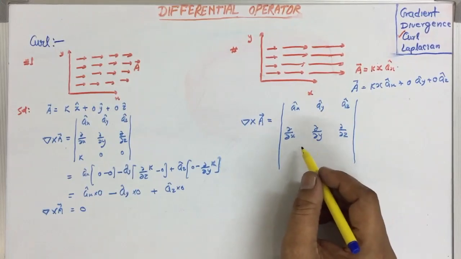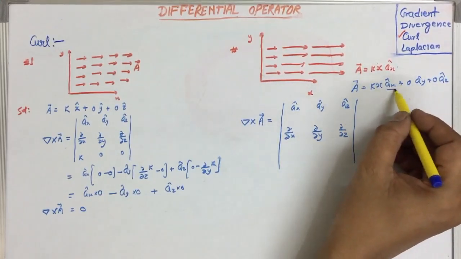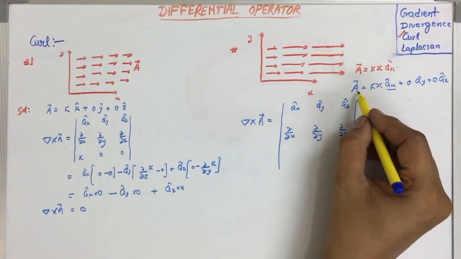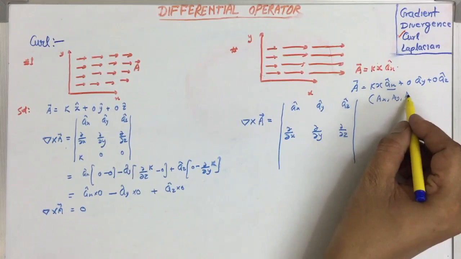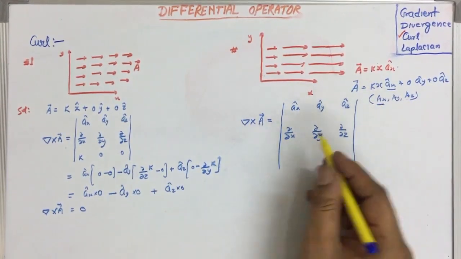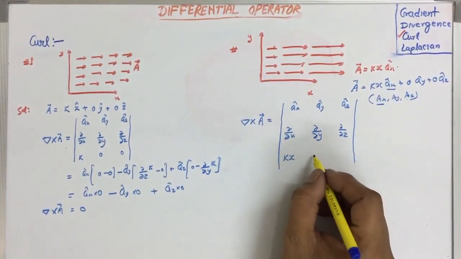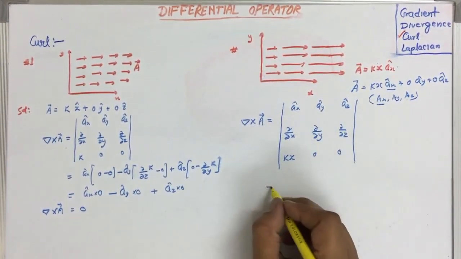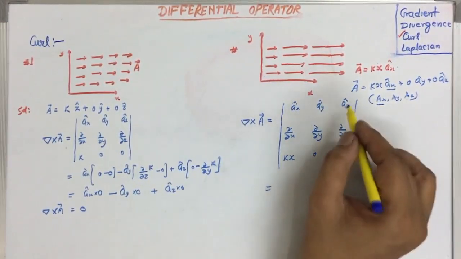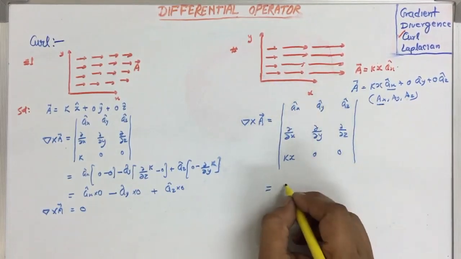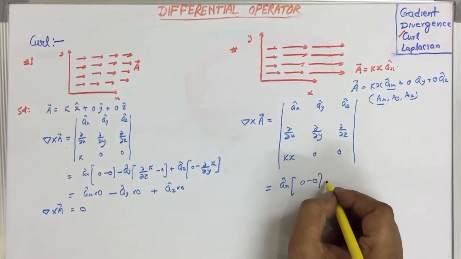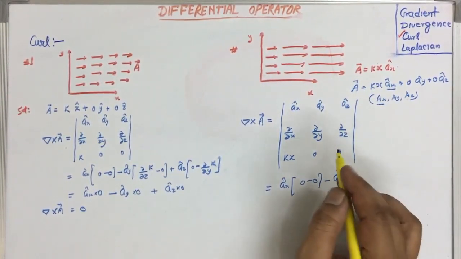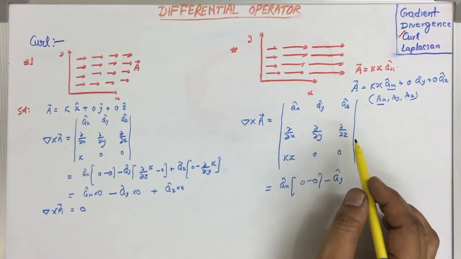Here we have to write the components of A: that will be kx, here will be 0, here will be 0. Now find the determinant. If you find the determinant, you will get ax multiplied with 0 minus 0, minus ay.